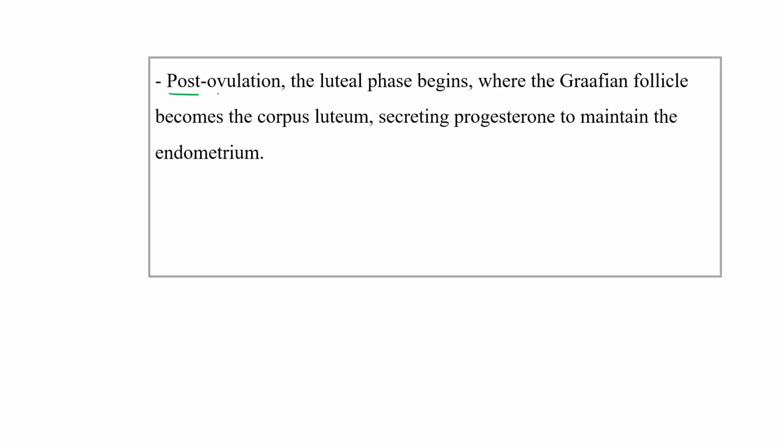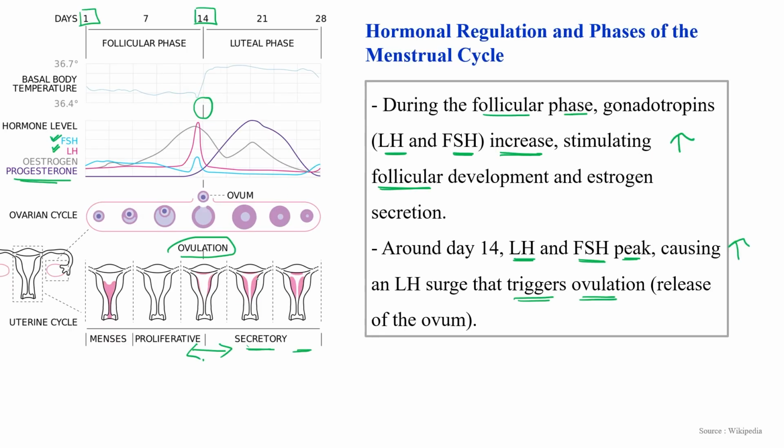Post ovulation, the luteal phase begins, where the Graafian follicle converts into the corpus luteum, and this corpus luteum is mainly responsible for the secretion of progesterone to maintain the endometrium. As you can see over here, again development of endometrium starts, and to maintain the thickness of endometrium, progesterone hormone is required, and this is released by the corpus luteum. So after the 14th day, the level of progesterone will increase during the luteal phase.